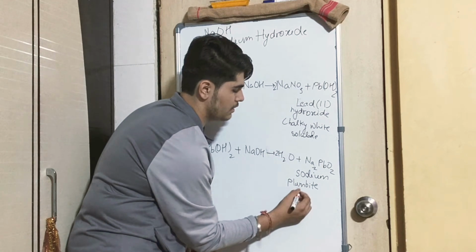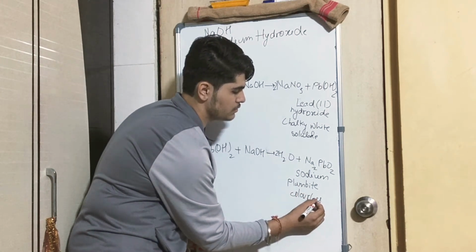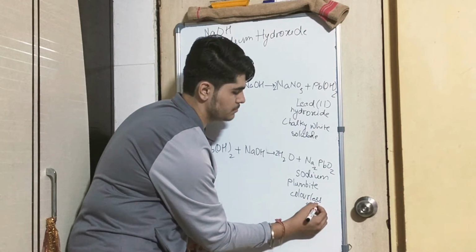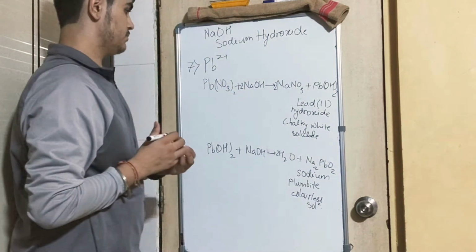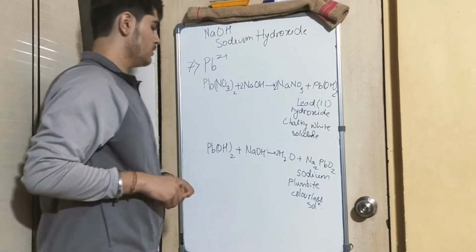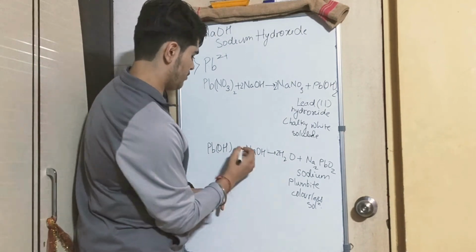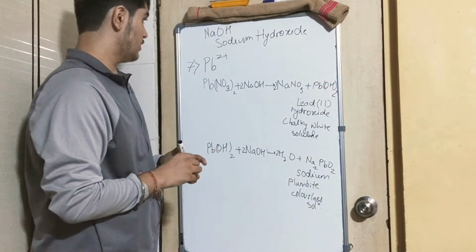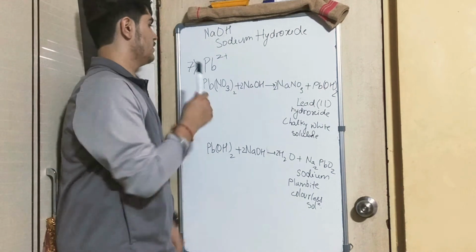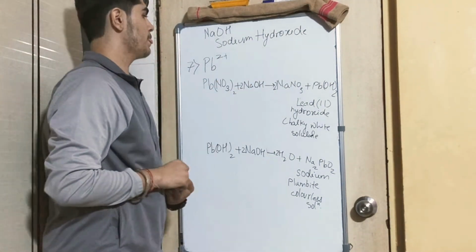This is a colorless solution which we get. Hope you have understood all the things. I hope this is balanced. Yes. Hope you have understood all the things when these ions are reacted with sodium hydroxide. Okay.